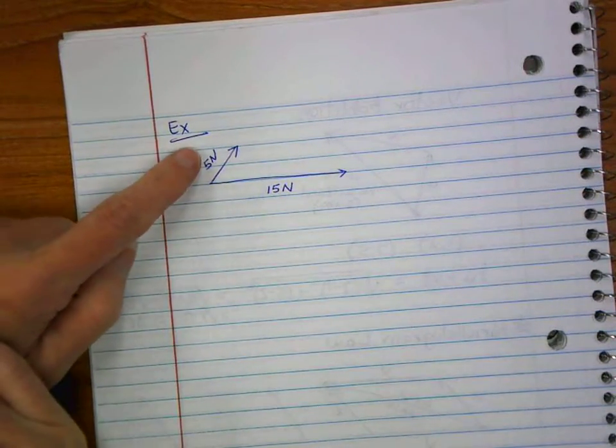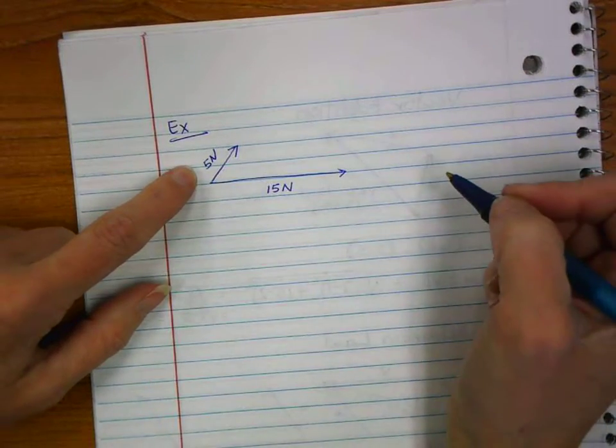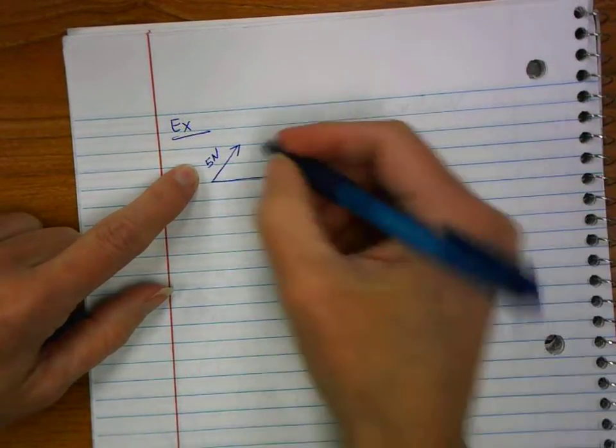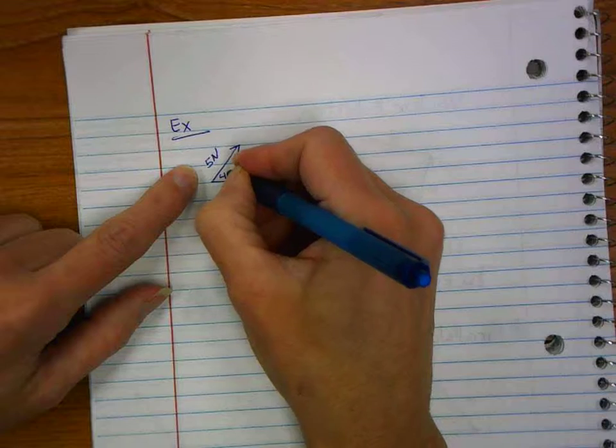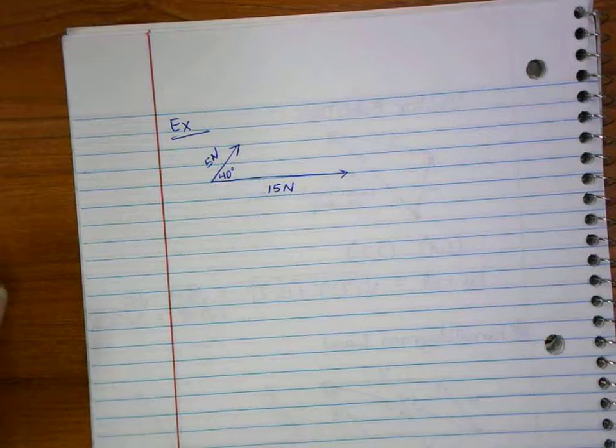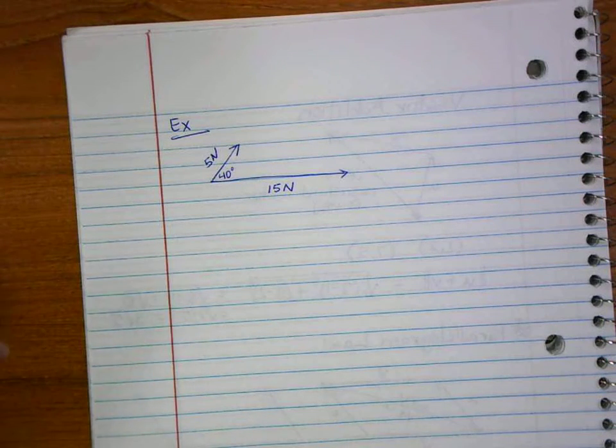The direction for our 5 Newton force is 40 degrees. And we want to find the resultant vector. When we add these two forces together, what is our resultant vector?